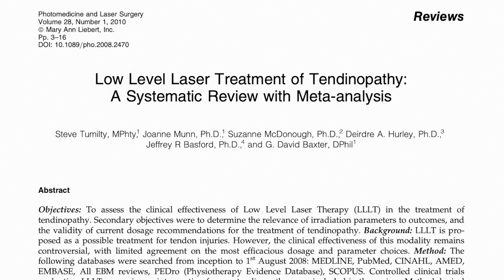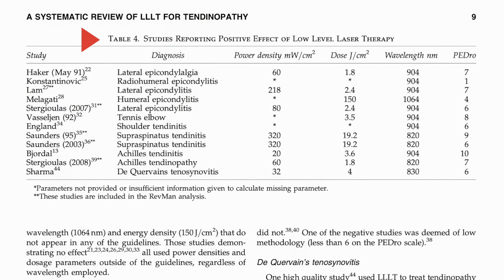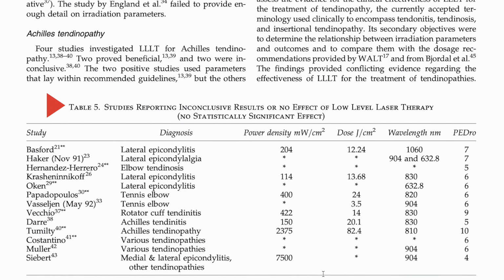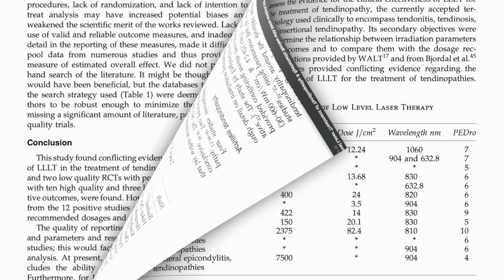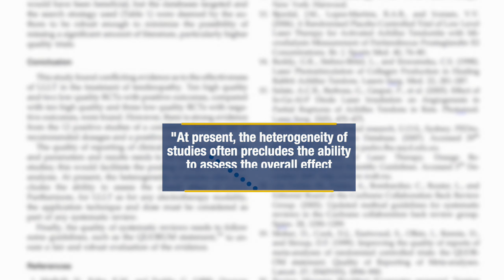A systematic review and meta-analysis of controlled clinical trials reported inconsistent results, with 12 studies showing some benefit, while 13 reported inconclusive results or no effect. The authors noted that, like much of the research investigating other electrophysical modalities, studies varied in quality and in the doses or parameters used.